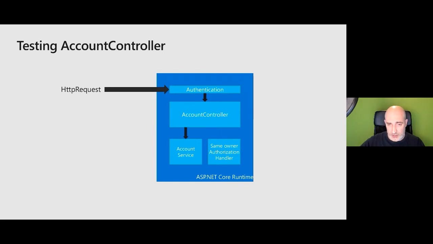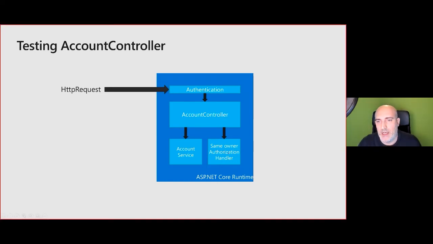The accounts controller is going to send the request to the account service, run the authorization handler, and if everything is correct, will return me the response. Now, this pipeline involves a lot of moving parts, but actually what we want to focus on is just this bit here, if you think about it, right?